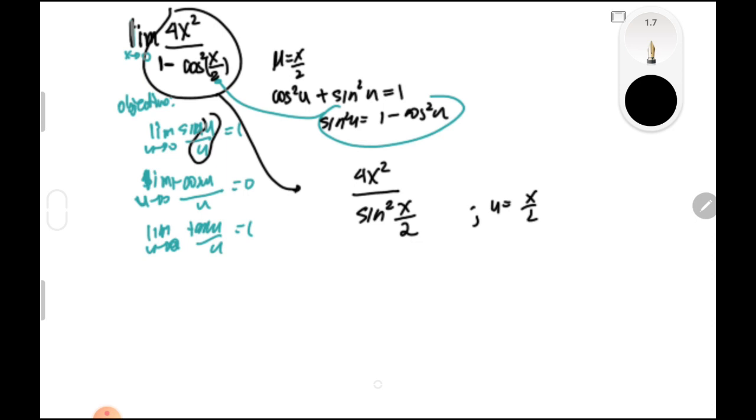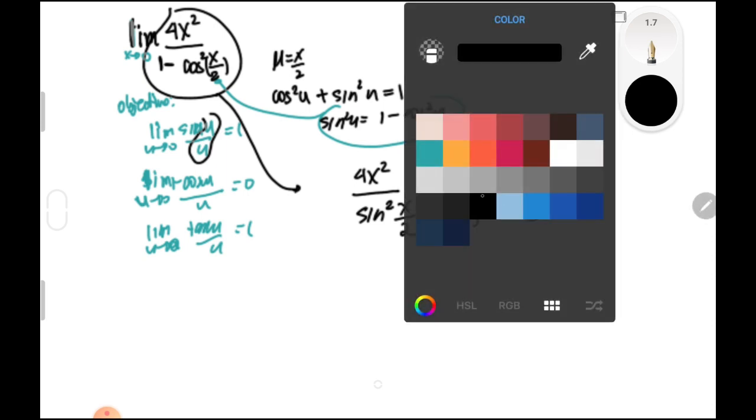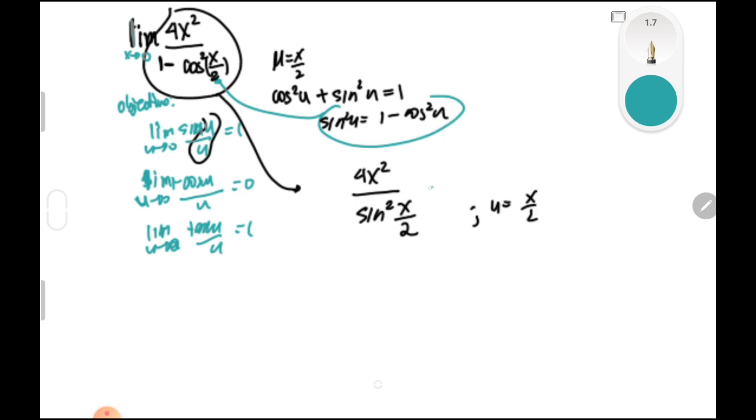Since we want the form sine u over u, we just multiply by 1, right? It's only 1 that we multiply. So take note that we can multiply 1 all over x over 2 divided by 1 all over x over 2, right?